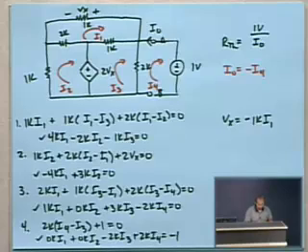We've got 4,000, negative 2,000, negative 1,000, 0, 0, negative 4,000, 3,000, 0, 0, 0, 1,000, 0, 3,000, negative 2,000, 0, 0, 0, negative 2,000, positive 2,000, negative 1.